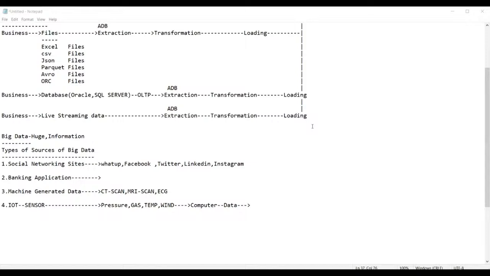What they do is measure the wind. Those fans are nothing but sensors, connected to computers. Whatever is recorded is transferred to the computer, kept in files, and transformed further for analysis. So this is how the process moves on.